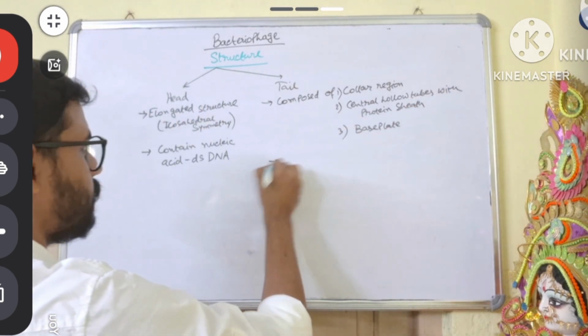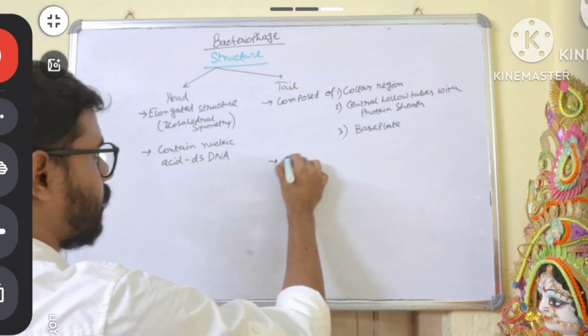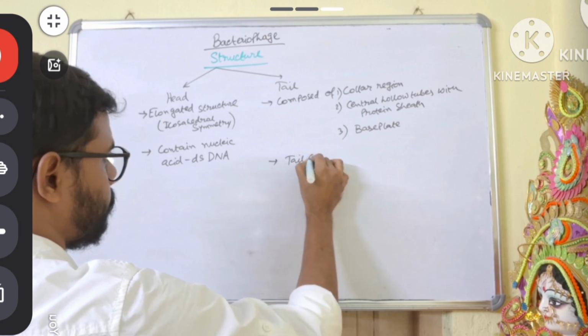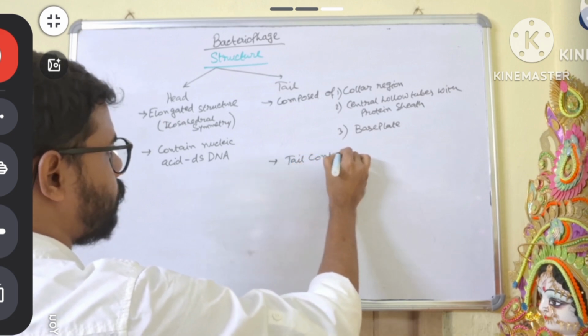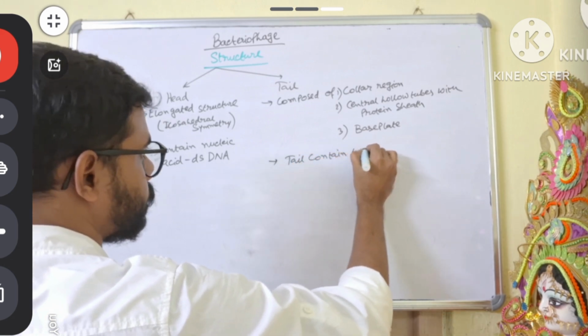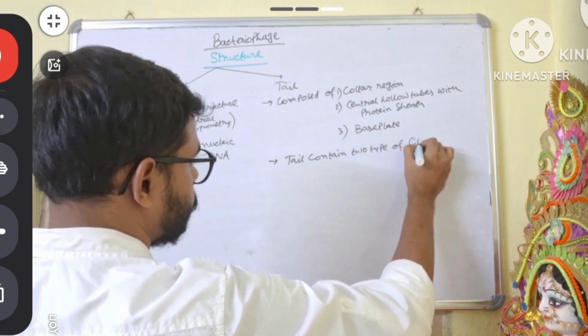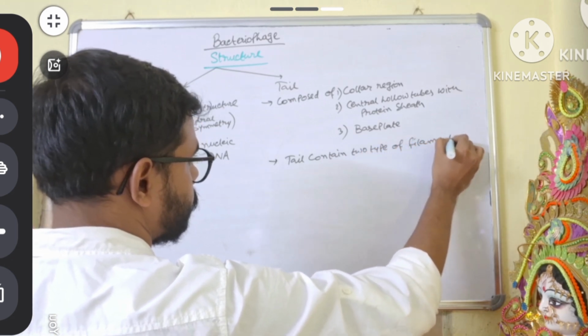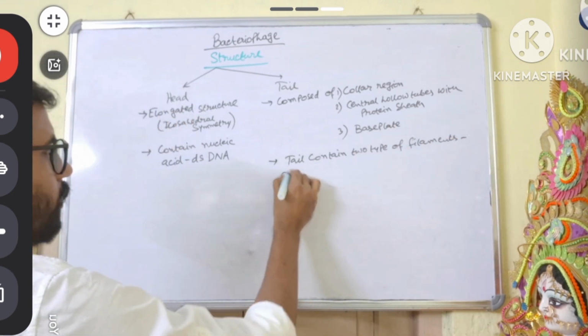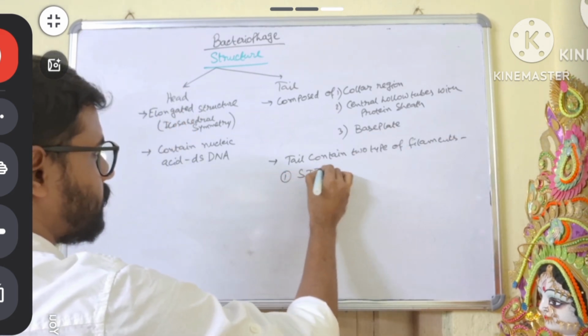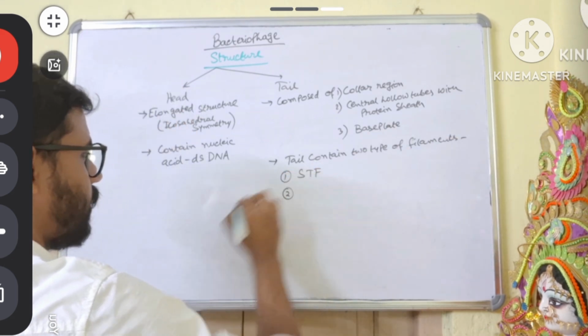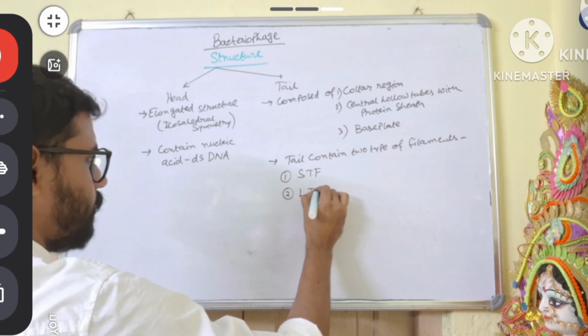The second point, the tail contains two types of filament. One is called STF, the other is called LTF.